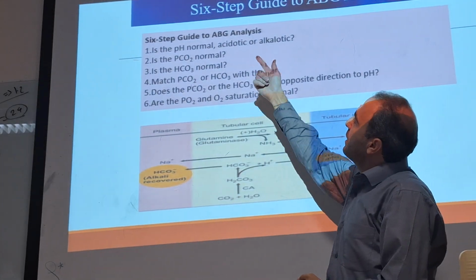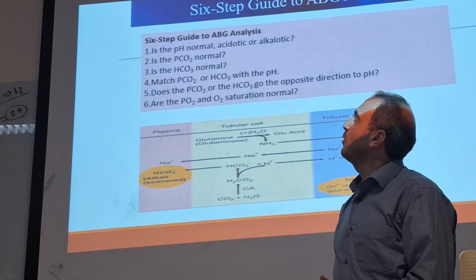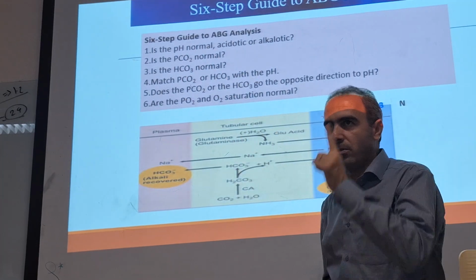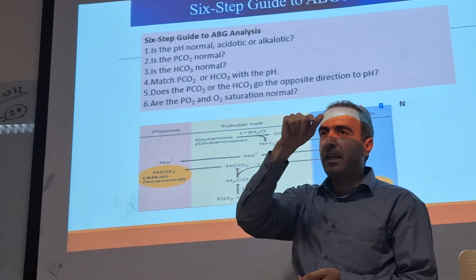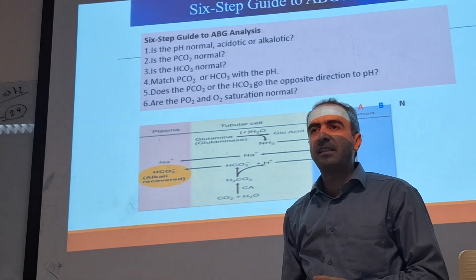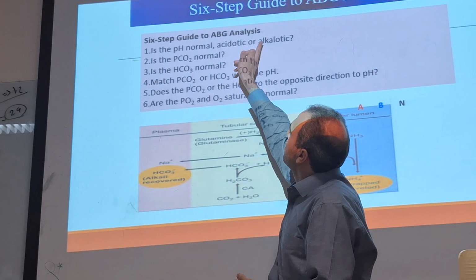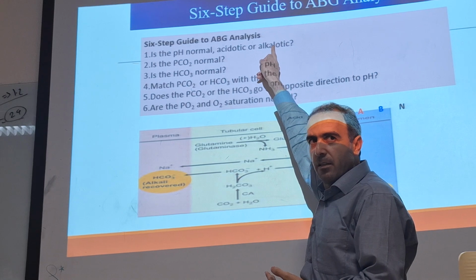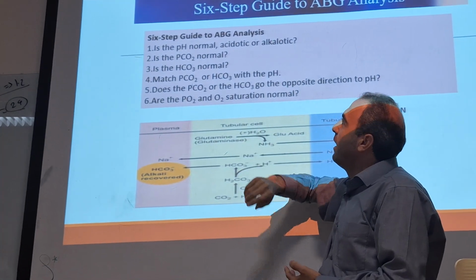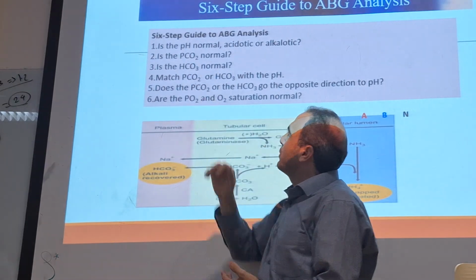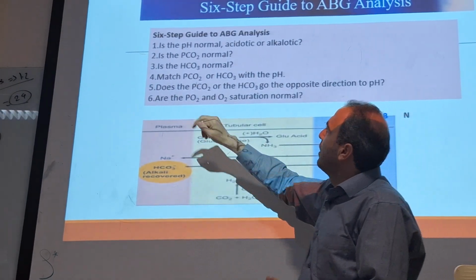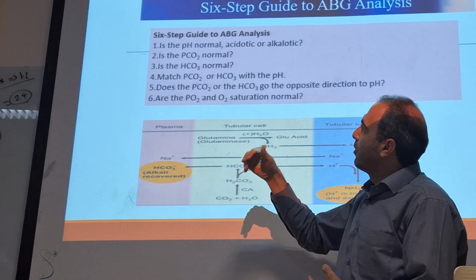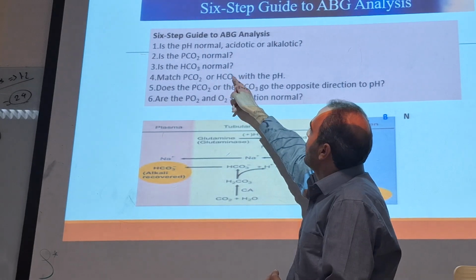You need to do these 6 steps to evaluate the ABG analysis result. First, is the pH normal, acidic (A), or alkalotic or basic (B)? Because we are going to distinguish between acidic and alkalic, we use B for basic instead of alkalic. Second, is the PCO2 normal or not? Third, is the bicarbonate normal or not? Fourth, match the PCO2 and bicarbonate with pH.